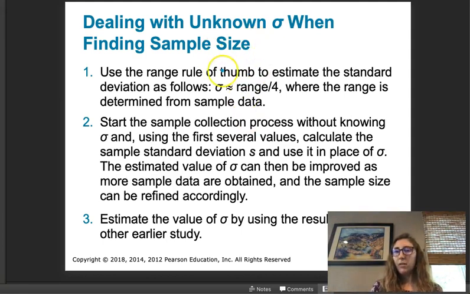Typically in problems, you will either be using your range rule of thumb, or the problem will provide you some estimate to use. I would say in a more real life situation, we'd probably be doing the second thing, where we start collecting data and use the value of our sample standard deviation to help find what sample size we need.